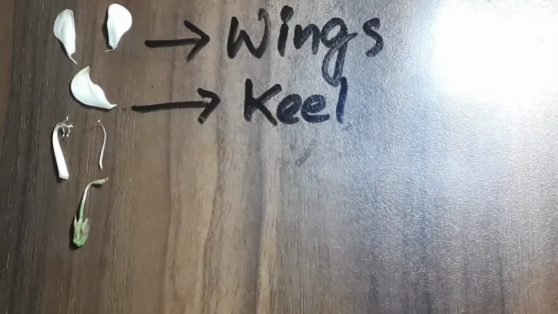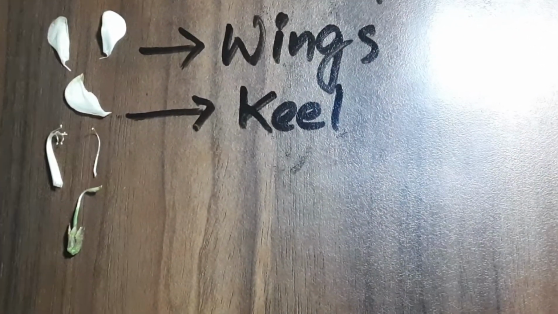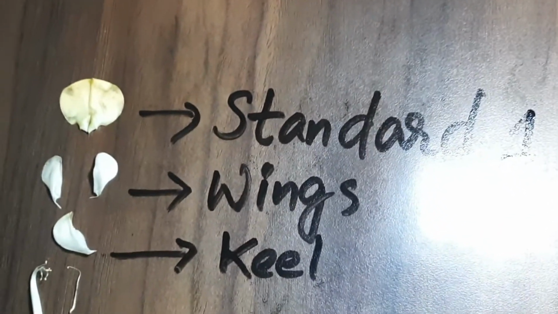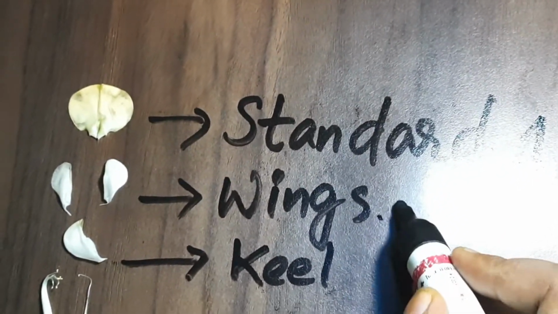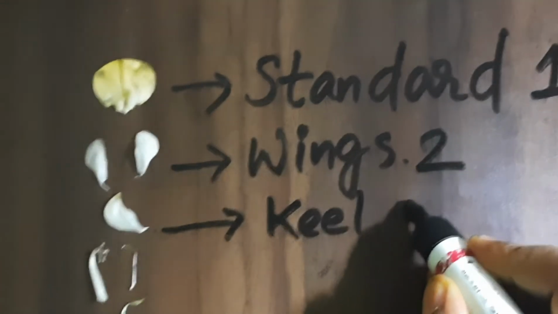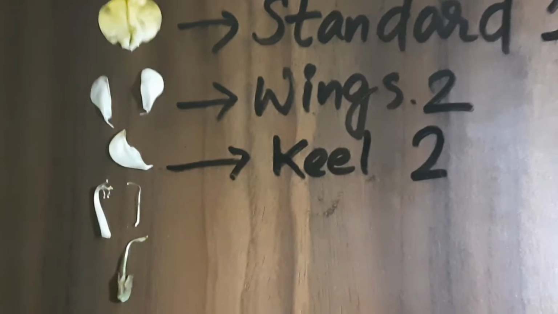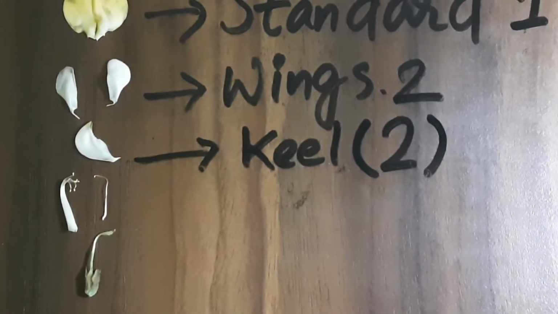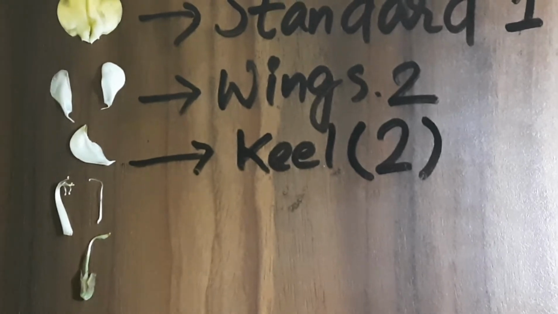They are united. So let's mark. Standard is 1, which is free. Wings are 2 and they are free. Keel are also 2 but united. Don't forget to place the bracket here.